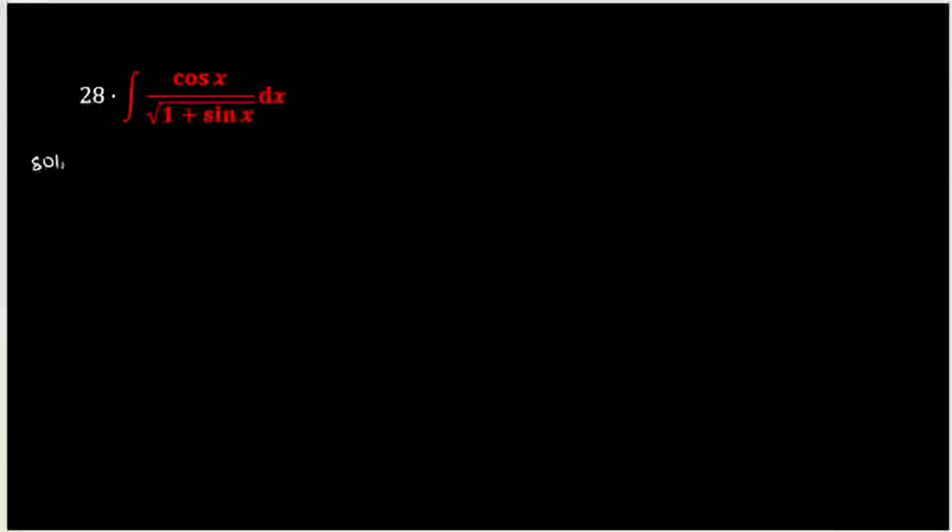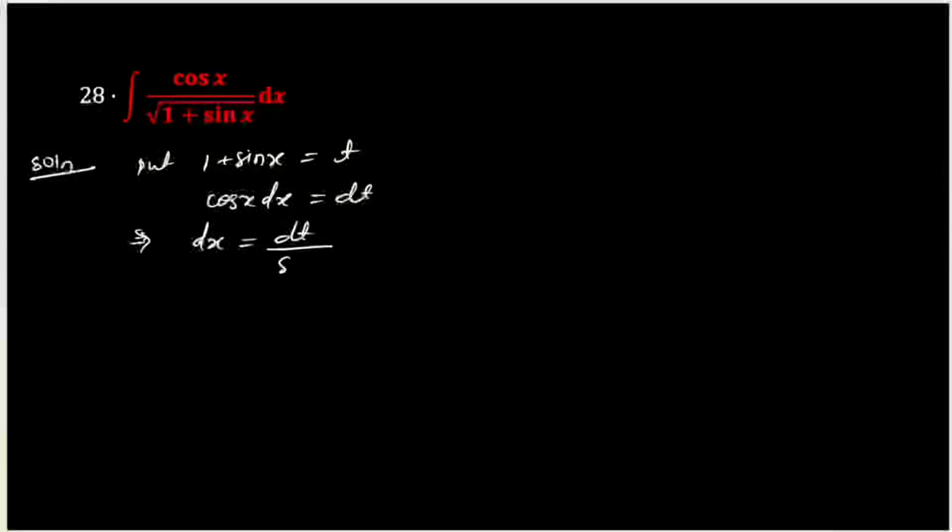Next problem is given. Solution: here we put 1 plus sin x equal to t. Differentiate with respect to x, we get cos x dx is equal to dt, and dx is equal to dt by cos x.